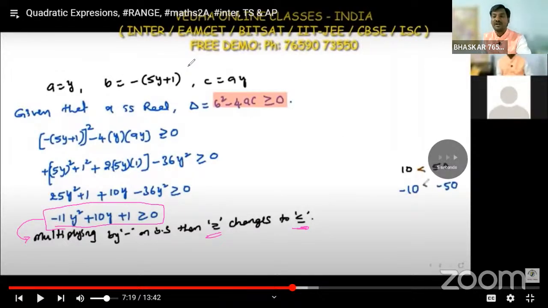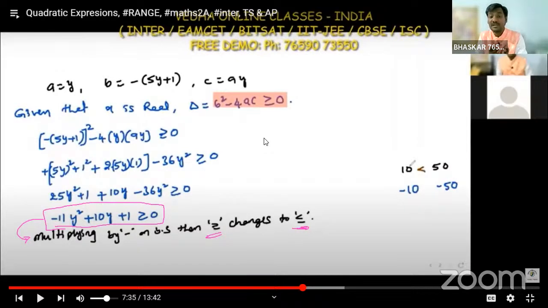For example, 10 is less than 50. I am just giving you a general example. Is it correct or not? 10 is smaller, 50 is bigger, so that side has the bigger value. If you multiply by minus on both sides, we get minus 10 and minus 50.